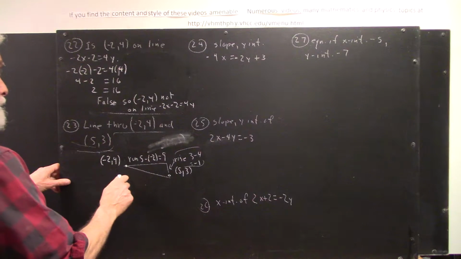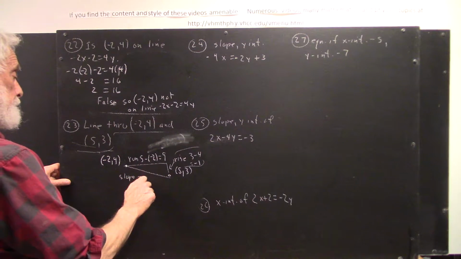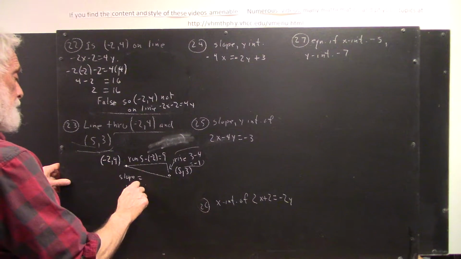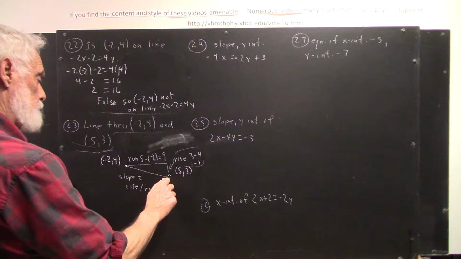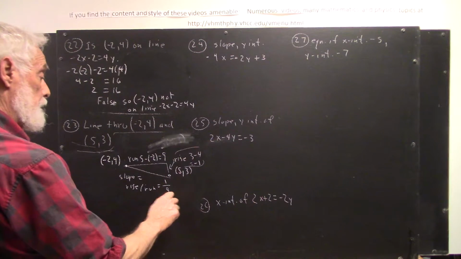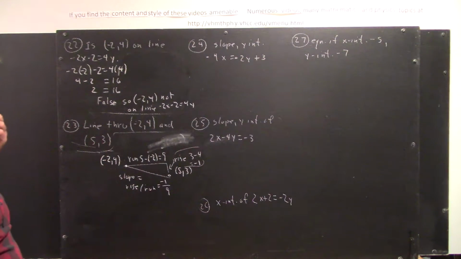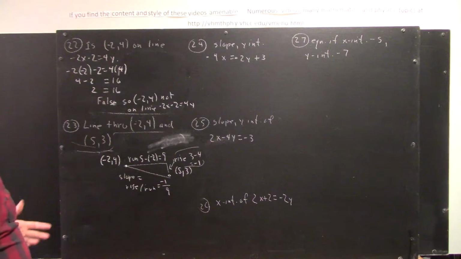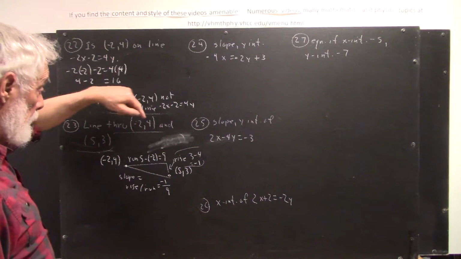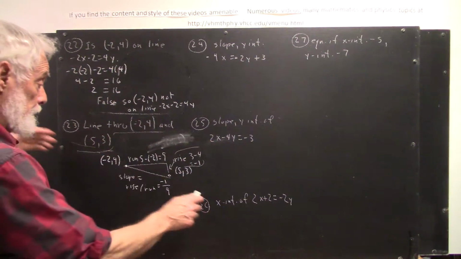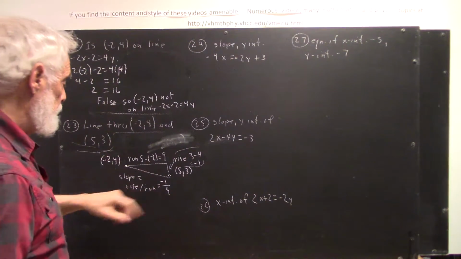It follows that the slope, which is rise divided by run, equals the rise, -1, divided by the run, 9. So we find that the slope of the line connecting these points has to be the same as the slope between the points, and that slope is -1/9.